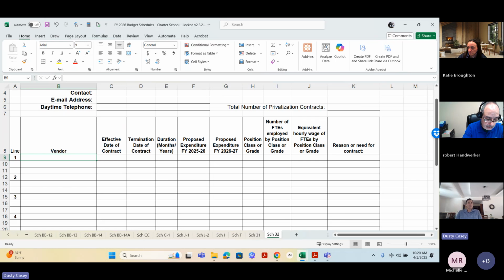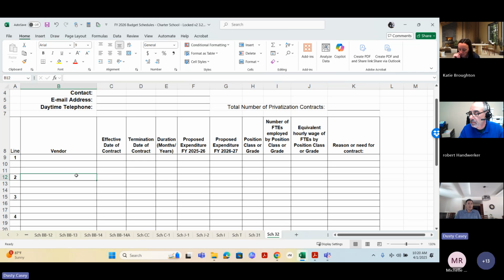So these are what would be called privatization contracts. They're trying to capture things that are basically being outsourced that could generally be insourced, something that you would have hired on. So that's a difference between Schedule 31 and Schedule 32, as near as I can tell, and from what NDE also kind of confirmed to us.